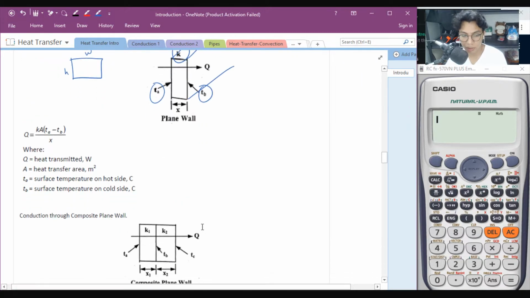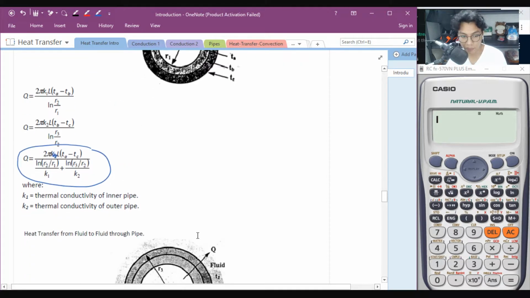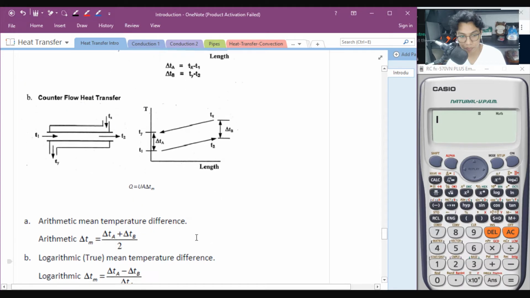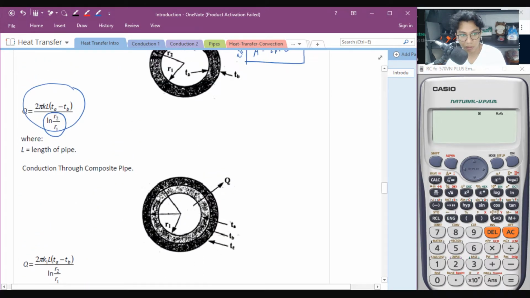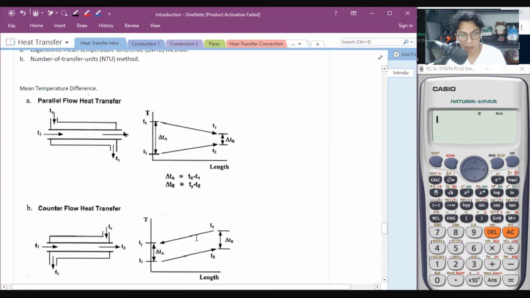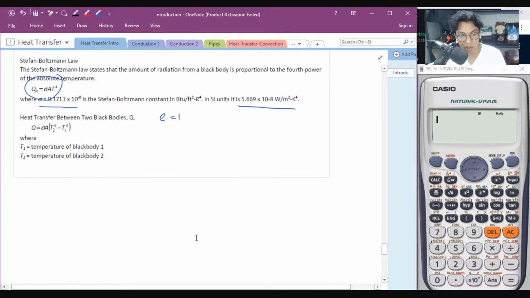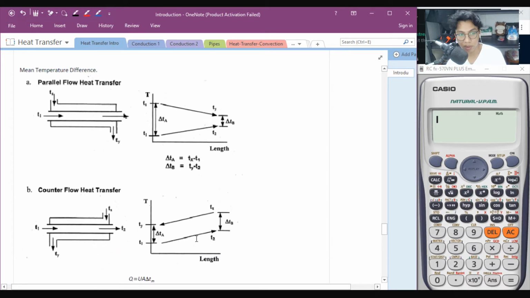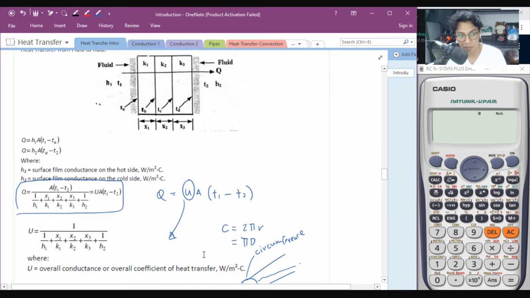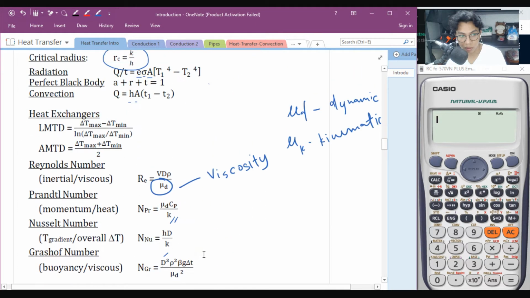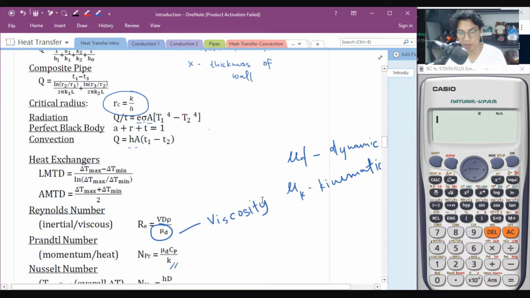Okay? Let's go with convective heat transfer dito. Nandito ba yung convective heat transfer? Well, actually, natapos ko na dito sa taas. Na-discuss ko na yung convective heat transfer. Ayan, nandito. Convection.